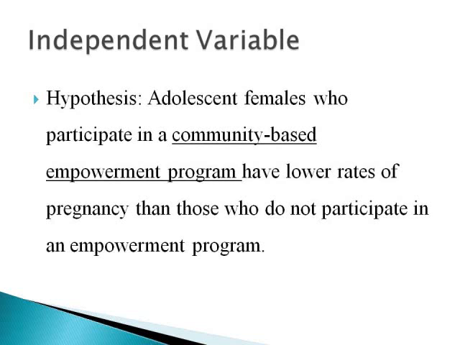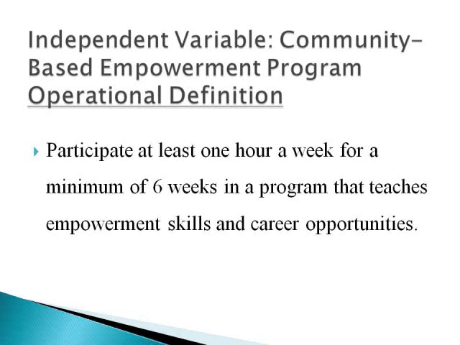Well, the independent variable is community-based empowerment program. Well, let's operationalize that and say it is participate at least 1 hour a week for a minimum of 6 weeks in a program that teaches empowerment skills and career opportunities.